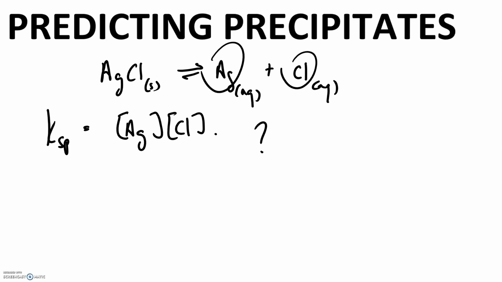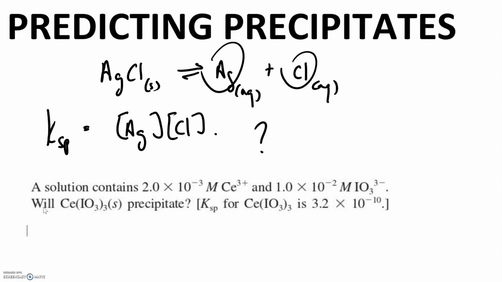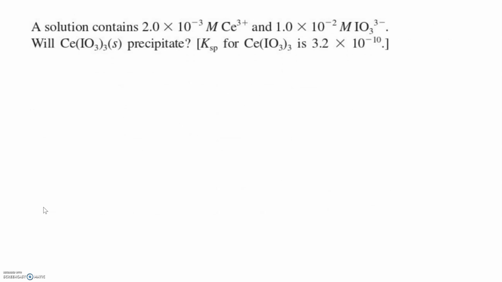Let's take an example of a problem we might expect to see. This one says a solution contains 2 times 10 to the negative third molar cerium and 1 times 10 to the negative 2 molar iodate ions. Will cerium iodate precipitate? It gives us the KSP. So if we were going to write the equilibrium expression for this, there's 3 iodates.